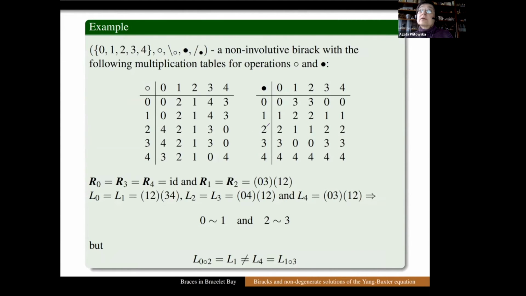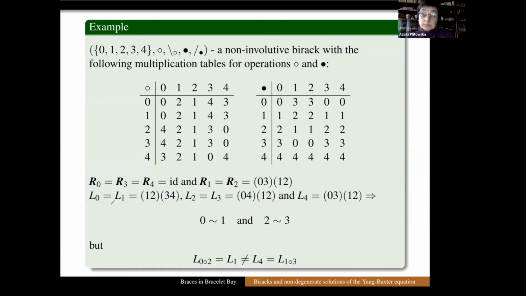Let us consider the following example built on a 5-element set with left and right multiplications defined in the following way. It is easy to check that this Birack is non-involutive, so the corresponding solution is also non-involutive.